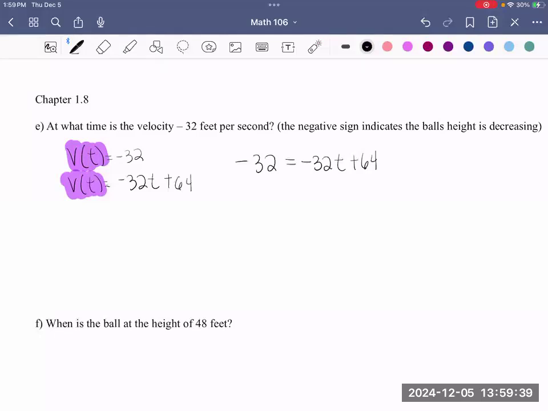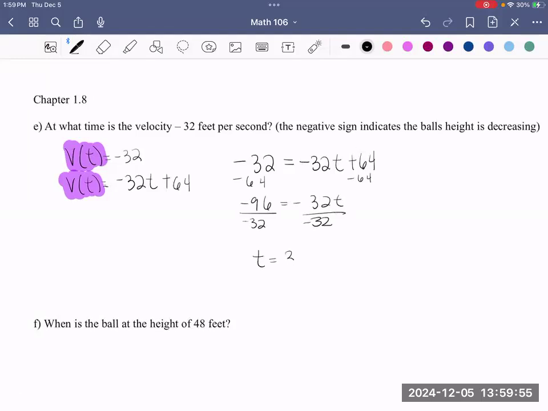Solve for t, get t alone. Maybe you subtract 64 to the other side. Then you get negative 96 is equal to negative 32t. Divide by that negative 32. So now we get t is equal to 3 seconds. So at 3 seconds, we should be at negative 32.